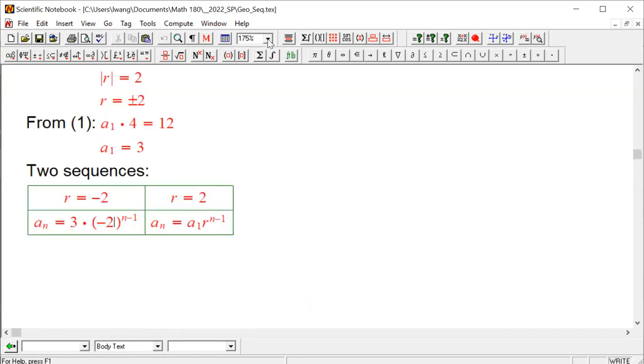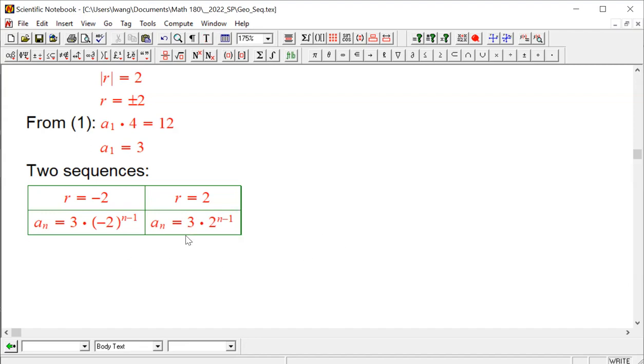How about that? This looks better to me. So a1 is 3 times r to the power of n-1. Once again, please do not multiply 2 and 3, okay? We need to work on the exponents part and then multiply the 3. And the same is here. So we got two sequences.